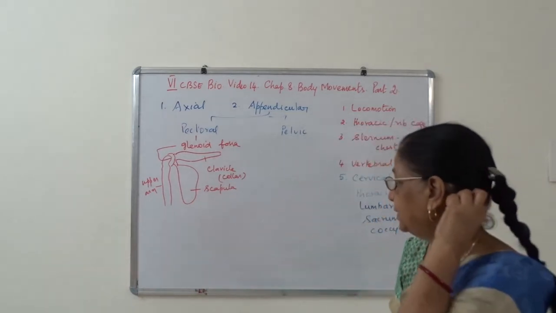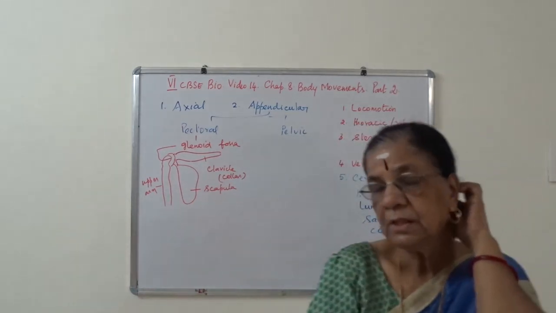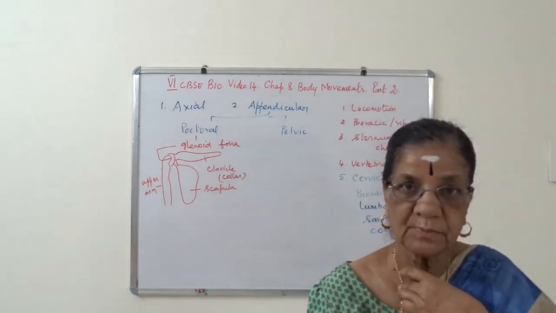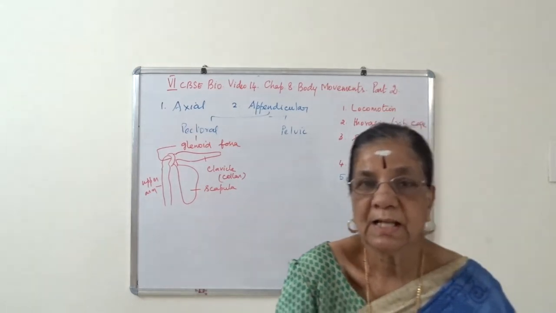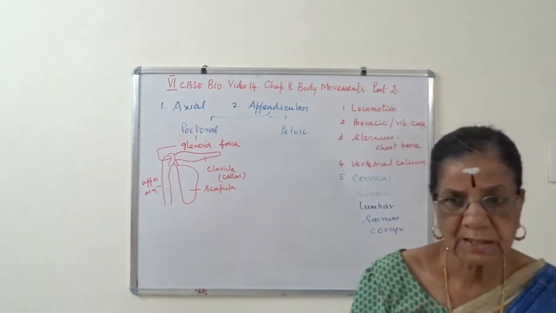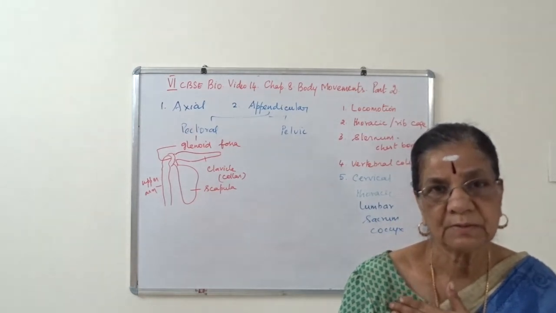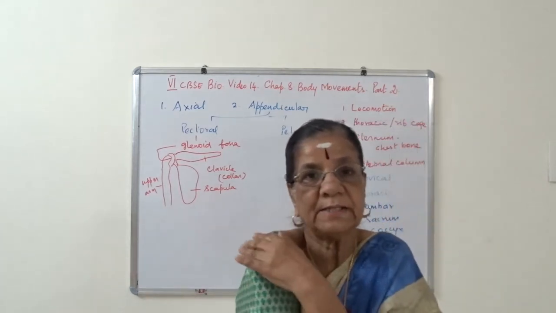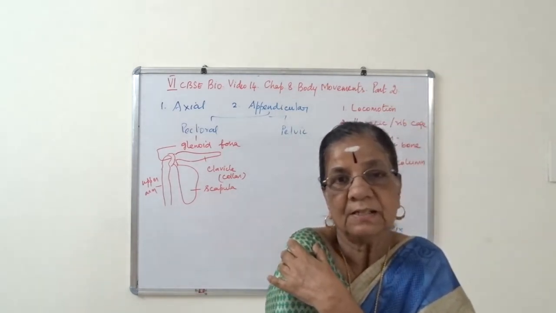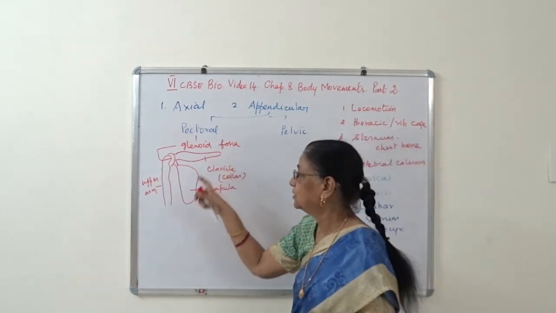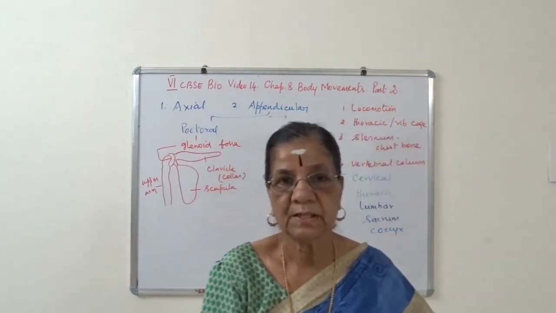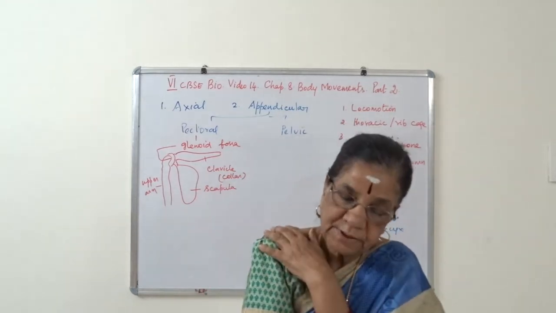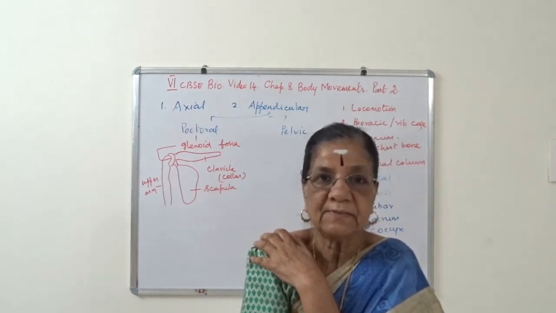So the pectoral girdle is formed of the collarbone or clavicle, the rod-shaped bone, and the flat bone of the chest, that is the scapula. Where the two join, the cavity is called the glenoid fossa or glenoid cavity. And the upper arm is fitting into this glenoid cavity.